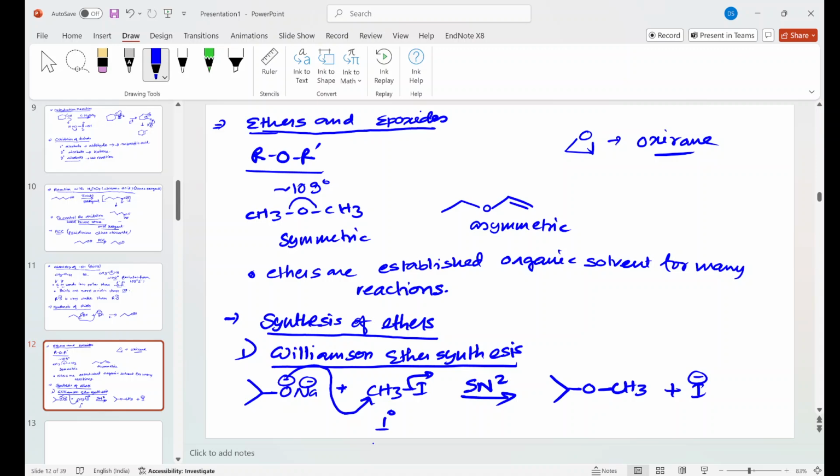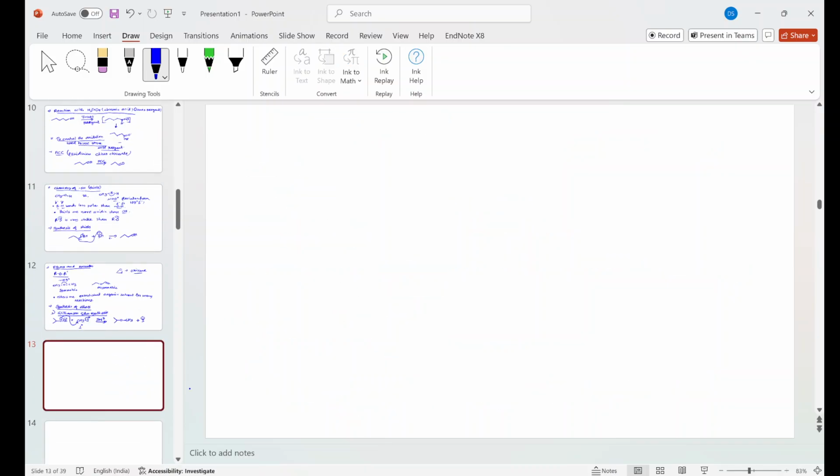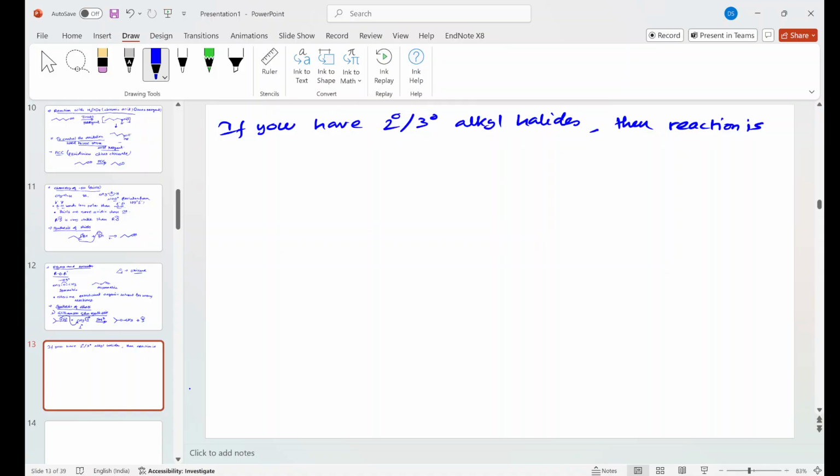Now, why should it be 1 degree? If you have something like 2 degree, 3 degree alkyl halide, then the reaction is difficult, because in this position the attack is difficult.